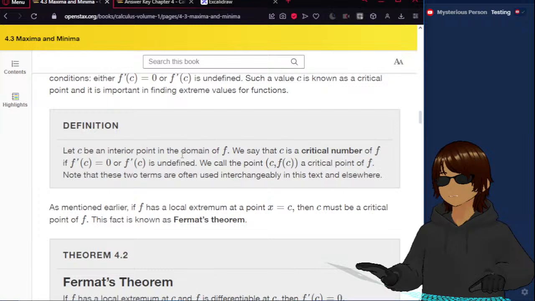Let's see, let c be an interior point. We say that c is a critical number of f if the derivative is 0 or the derivative is undefined. If it's 0 or undefined.